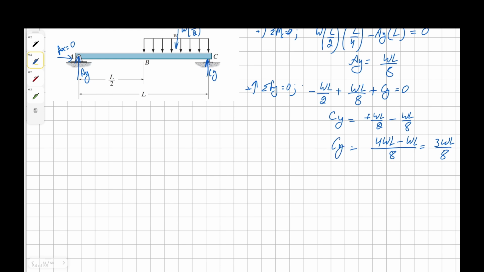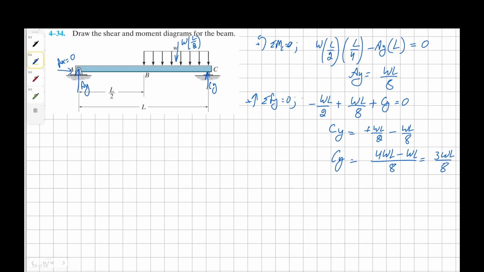Once we have that, now we can proceed with our moment and shear diagrams. So we're going to begin with the shear. Shear will begin with AY, which in this case is going to be some positive number, which we can say WL over 8. And then nothing is going to happen for a distance of L over 2. And at that point, we're going to come down by WL divided by 2, something negative, WL over 2.